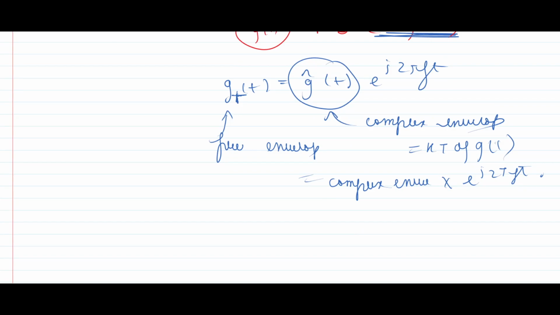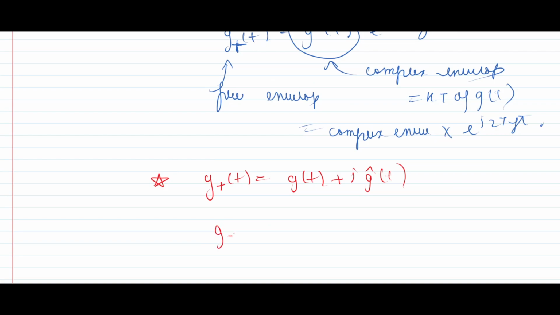So two things that you need to remember now. Forget all of the things I have done for derivation. Remember first, g+(t), the pre-envelope, is equal to g(t) plus j into complex envelope, or the pre-envelope is equal to complex envelope into e to power j2πft.